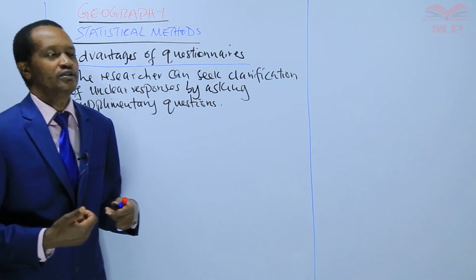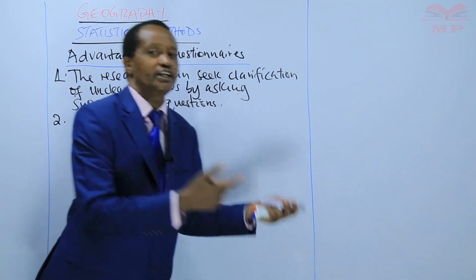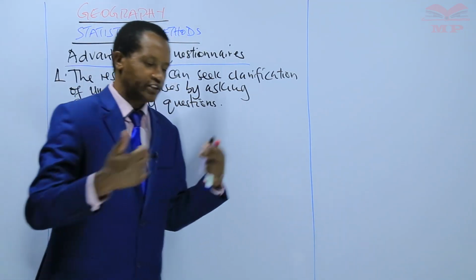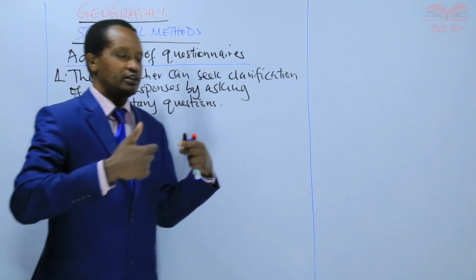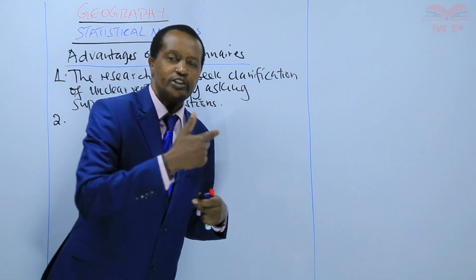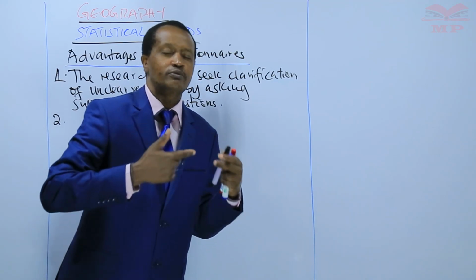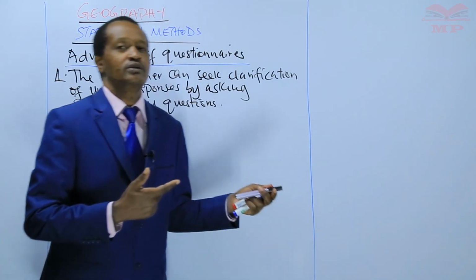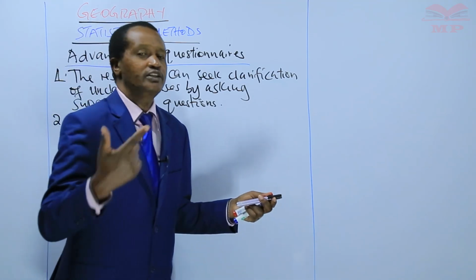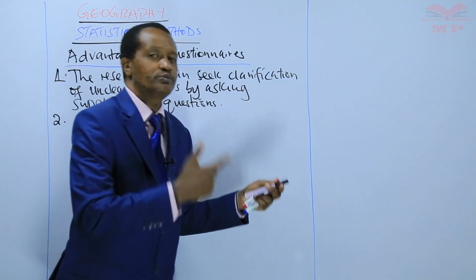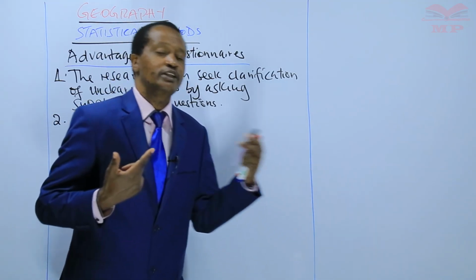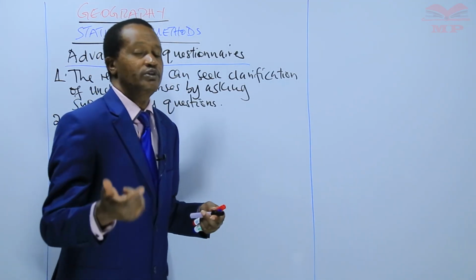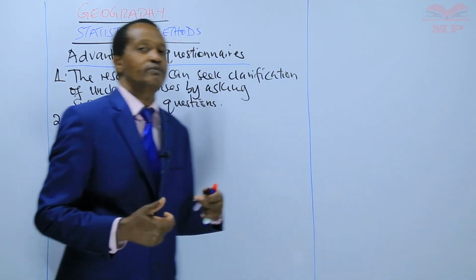Okay? To dispel fears that the respondent may have, because the researcher can explain to the respondent, for example, the objectives of asking the questions. And the researcher can also inform the respondent that he will maintain confidentiality of the information that the respondent may give in the questionnaire.